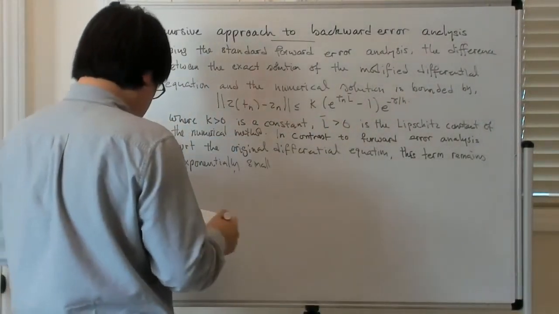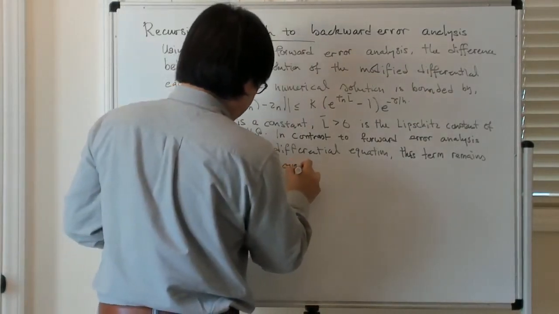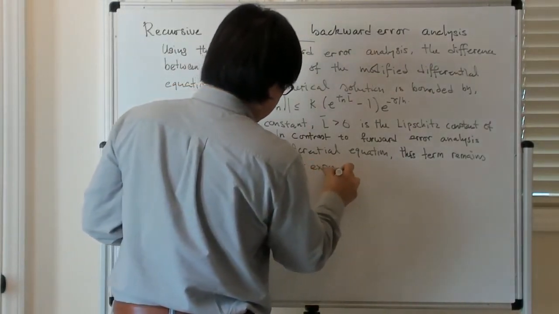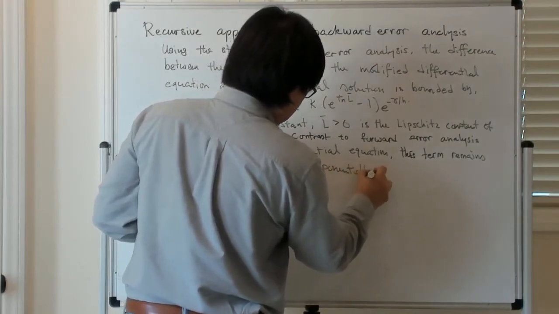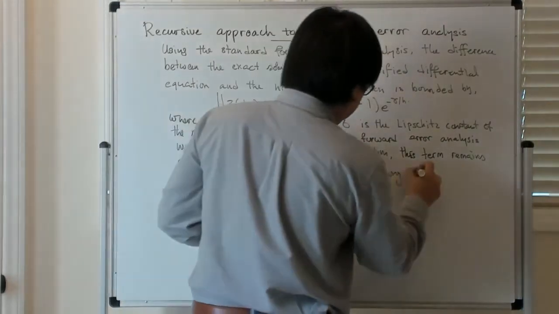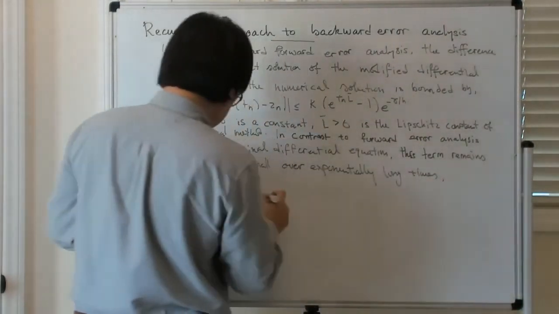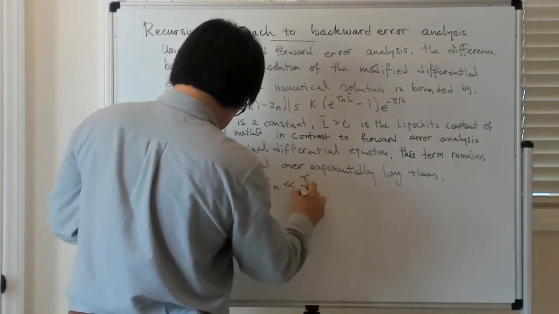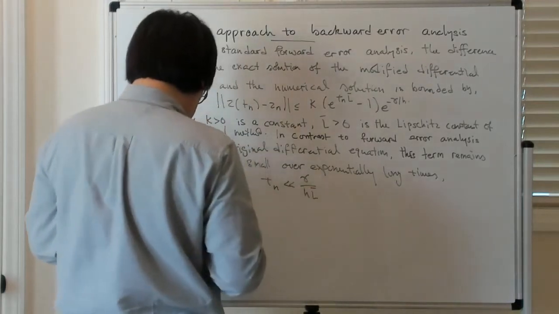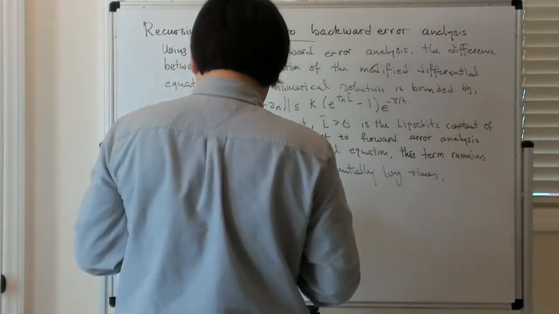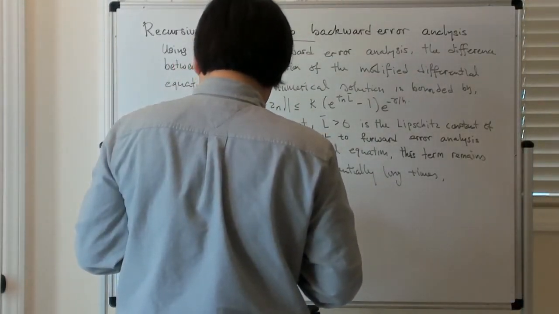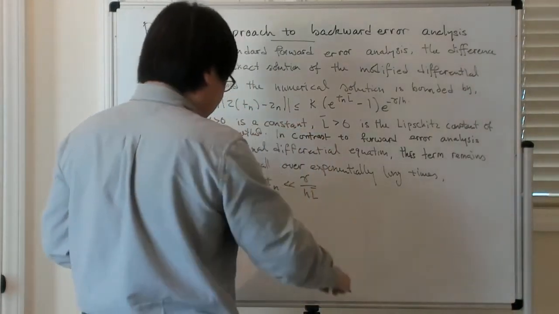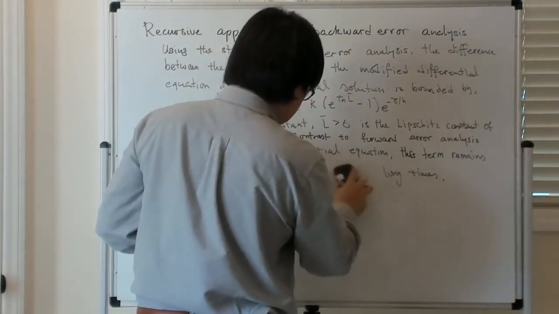Over exponentially long time intervals. Okay, so if your time is less than gamma over h bar. Well, sorry, this is not over exponentially long times. This is just over long times.